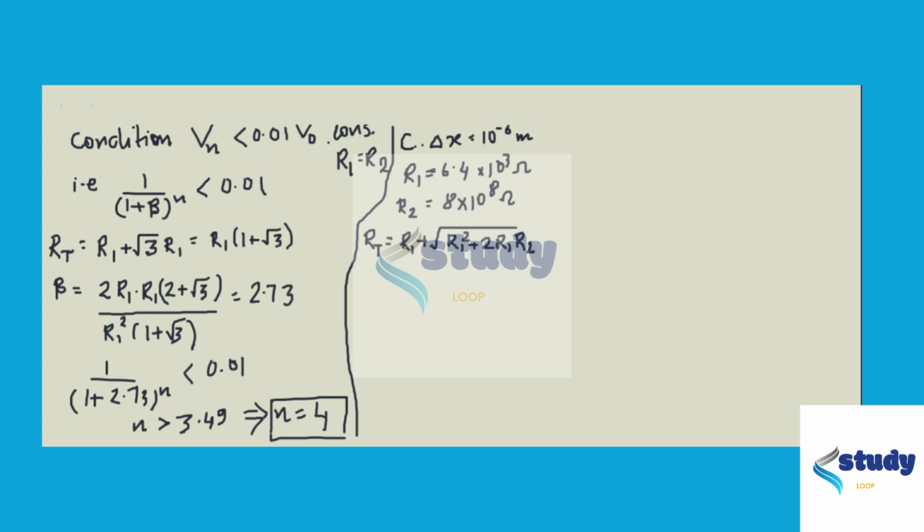This gives me RT equals 3.21 into 10 to the power 6 ohm. Okay.